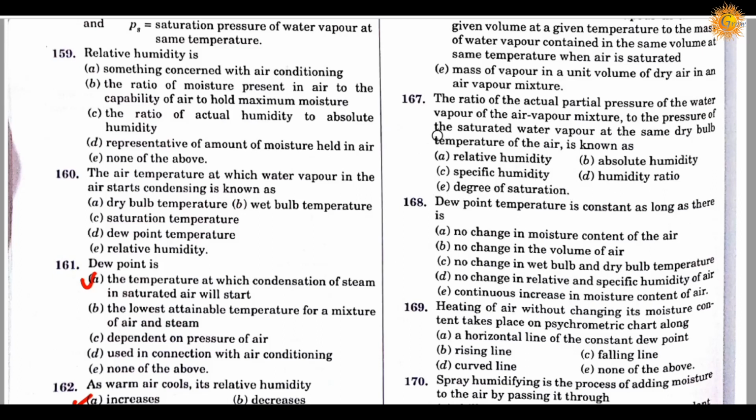So the correct answer is A. It is relative humidity.